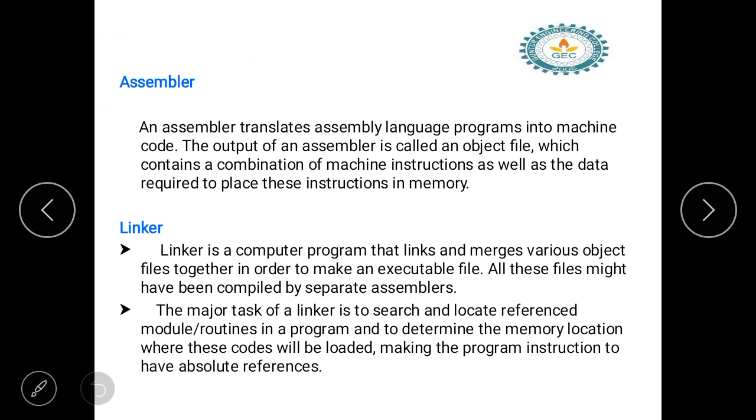The major task of a linker is to search and locate referred modules in a program and to determine the memory location where this code will be loaded, making the program instructions have absolute references. So linker means linking all parts of the program so you can execute it.